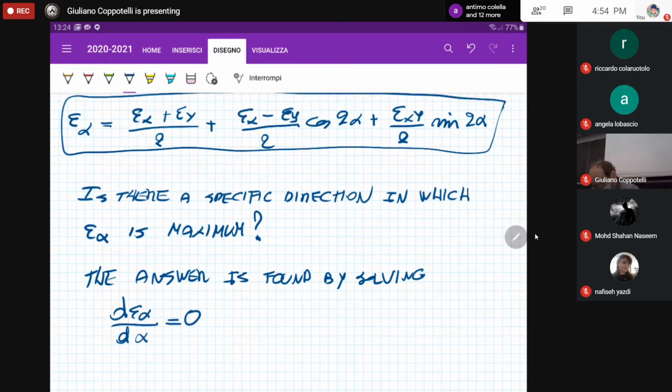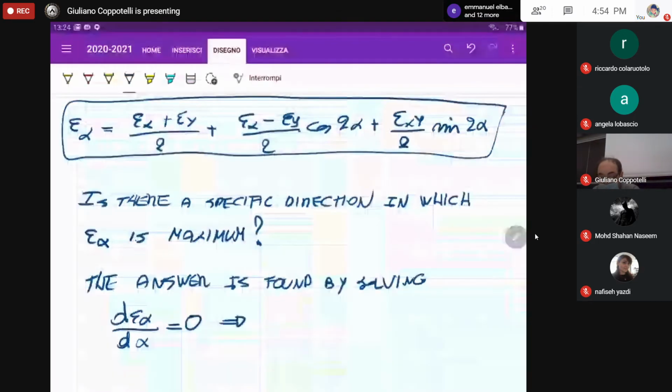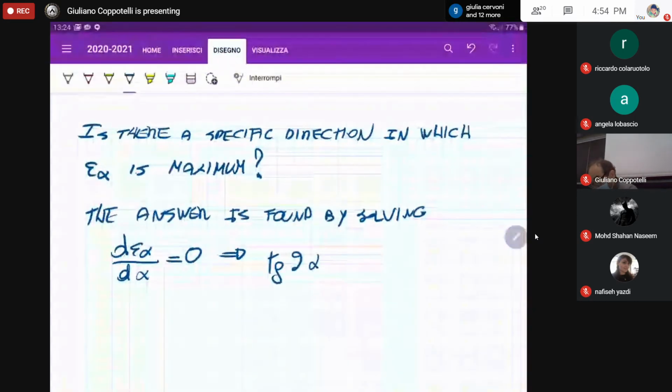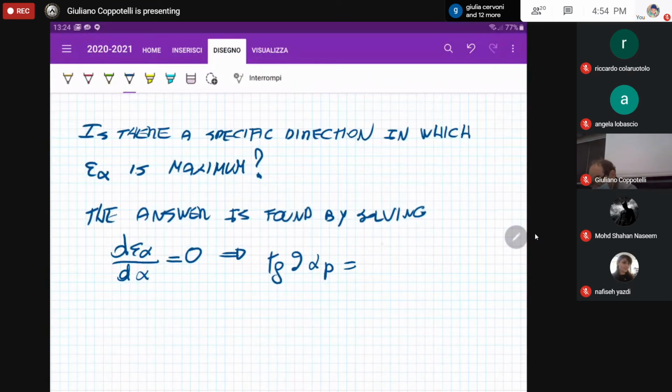That means if you make the calculations, you have to find out the solution in terms of alpha p of this equation.